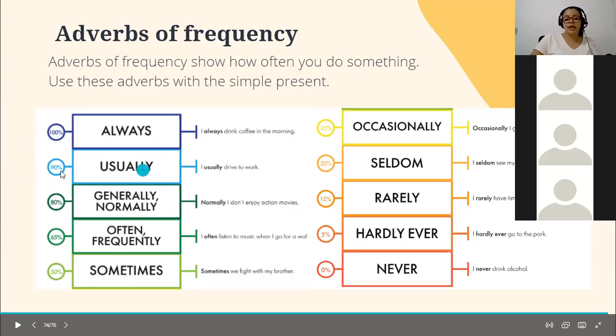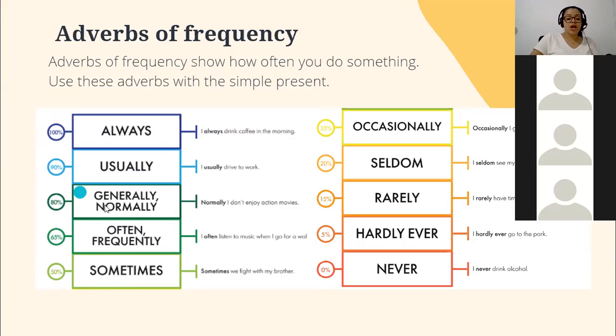Usually it's a 90%. Generally or normally, it's an 80%. Often, everybody repeat after me, often. Often. Very good. O puede ser también pronunciada como often.